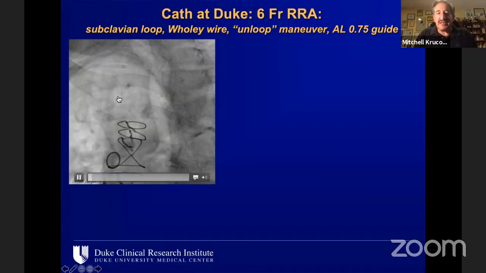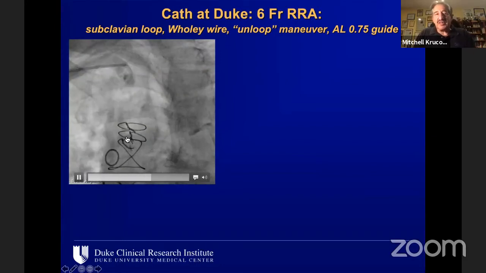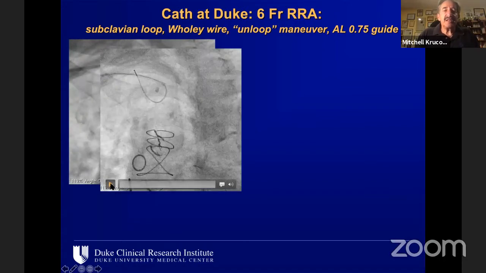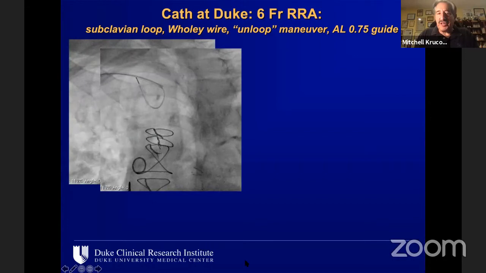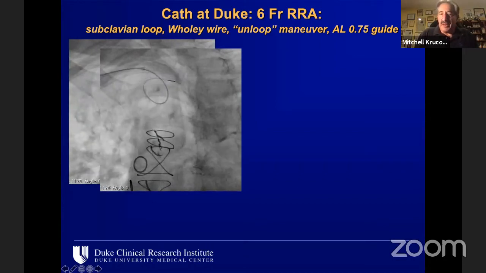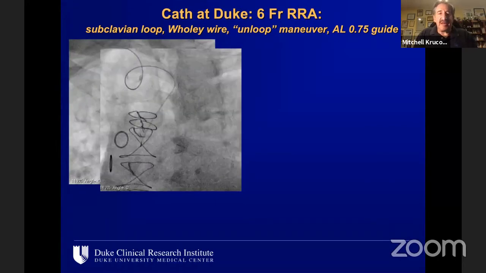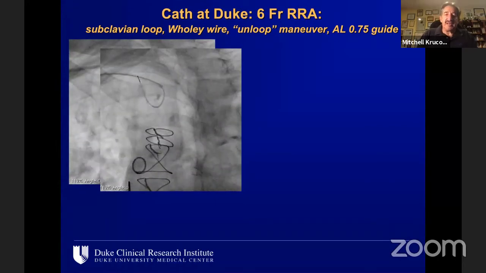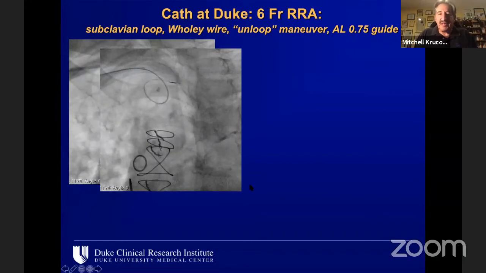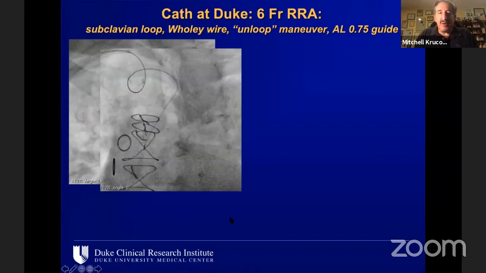We approached her from the right radial artery, and as with some radial cases, there were some anomalies. This is a very tortuous right subclavian into the innominate. Fortunately, having done this quite a bit and learned quite a bit about doing this, in fact, from Dr. Patel and colleagues in Ahmedabad over the years, we solved this pretty simply with a woolly wire.